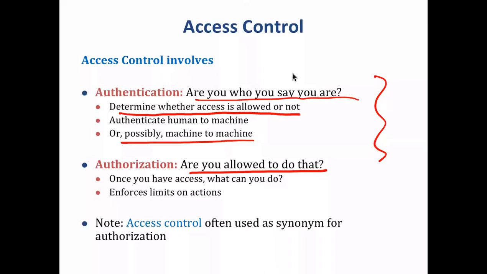But in general we use this word access control only with authorization, not authentication. But when you say access control, normally you are authorized to enter, right? We'll use these two terminologies, authentication and authorization, separately.